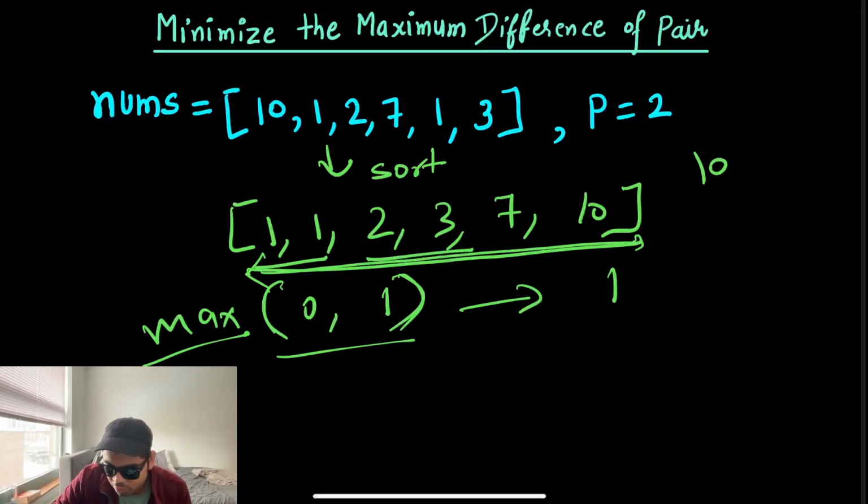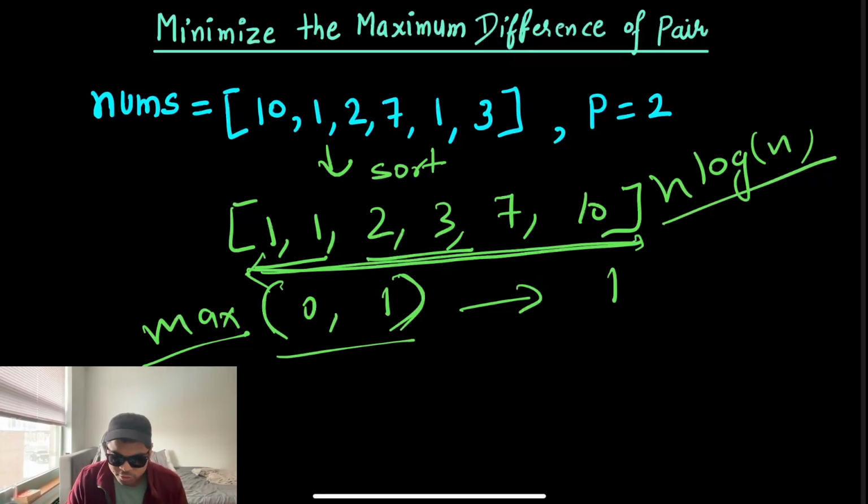Sorting will take O(n log n) complexity, and after sorting, maybe first we need to find out what our range will be for those differences, and then within that range we want to go from the lowest to the maximum difference, and wherever our condition for P is satisfied, that's where we will return our answer.